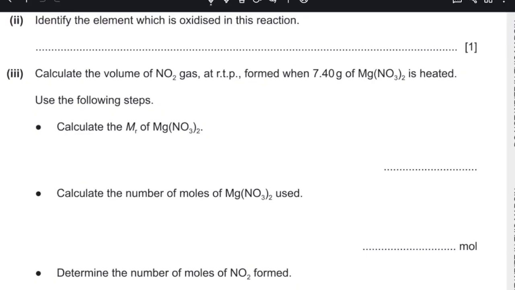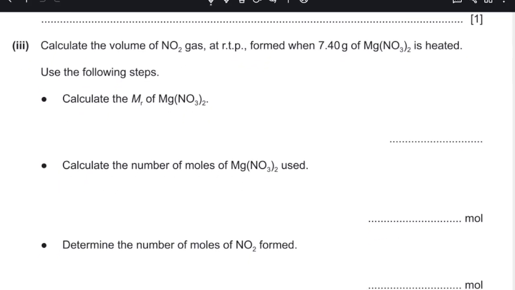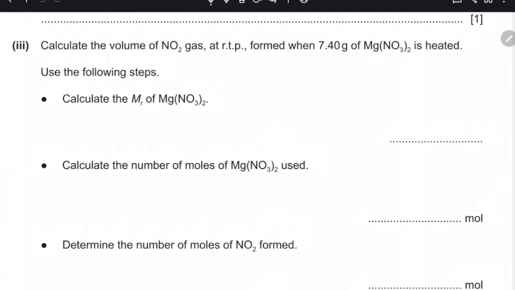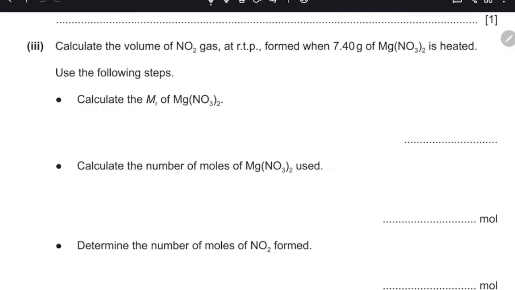How many ways did I say we have to find number of moles? We have 4. But for step number 1, which says calculate number of moles, the first time you are asked to find number of moles, you only use either number of moles is mass over molar mass, which would be either AR or mass over MR. You choose one of them.